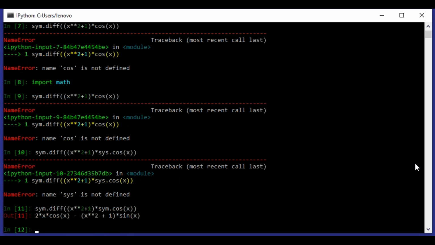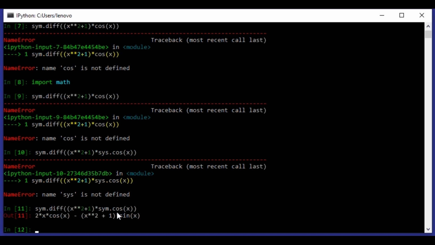Sorry for the disturbance. I think you have got it. That is sym.diff, then in bracket x square plus 1 into sym.cos x. We will have to give like that.